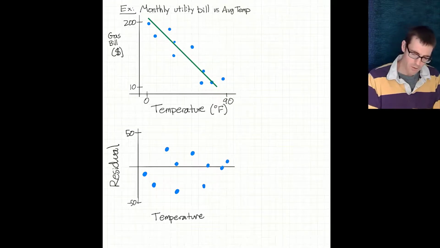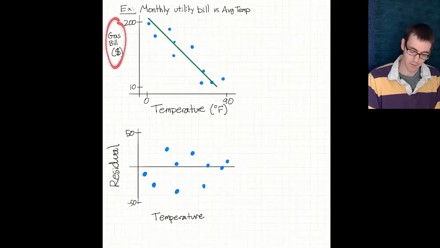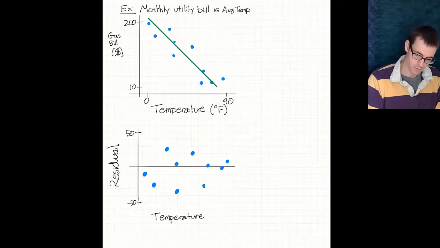It's important to note that the scale on this y-axis is shrunk a little bit, but it still is the gas bill in dollars. So the residual is still measured in dollars.